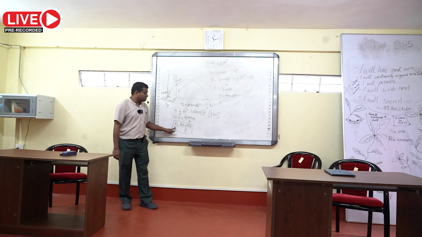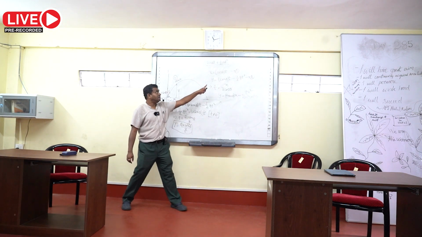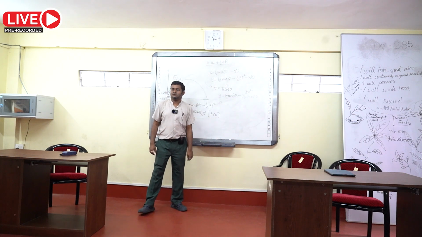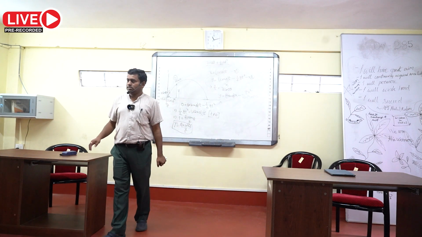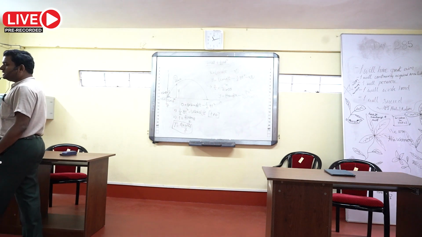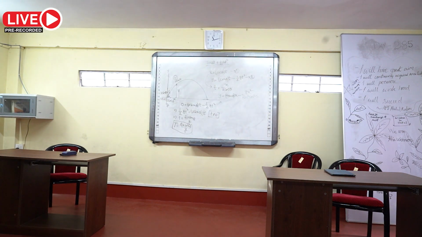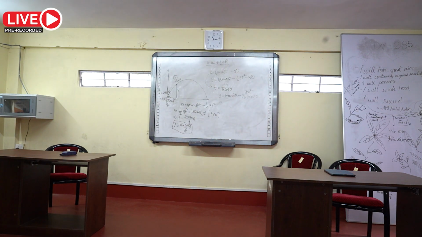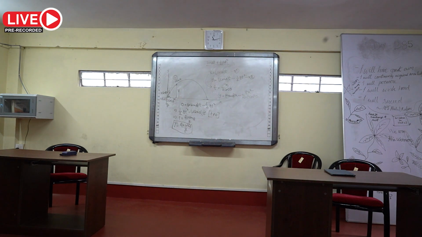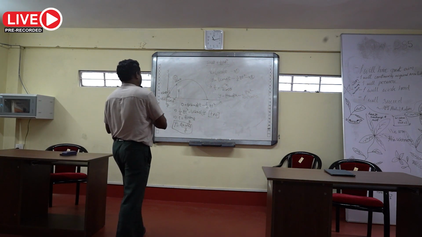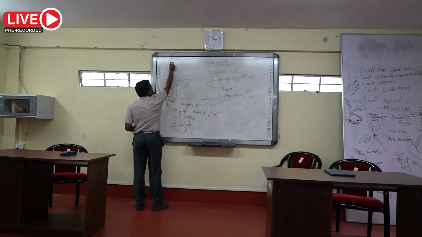Then how to find range? Just substitute this value of time of flight in equation 1. In equation 1, it gives how much horizontal distance is covered by the particle at that time.